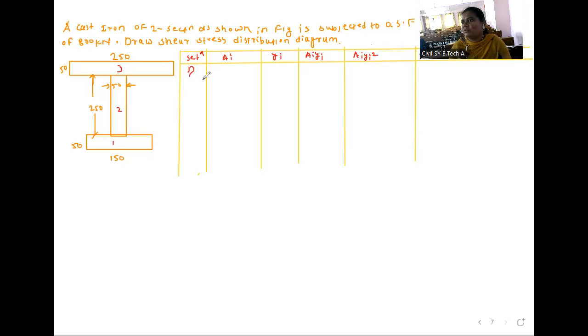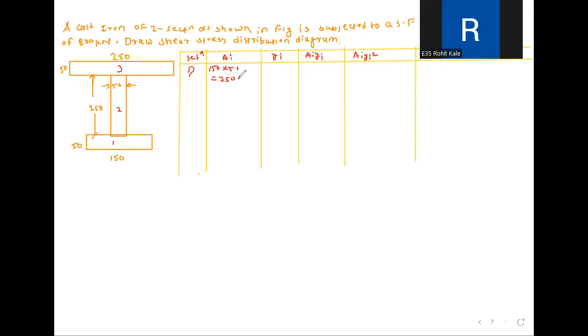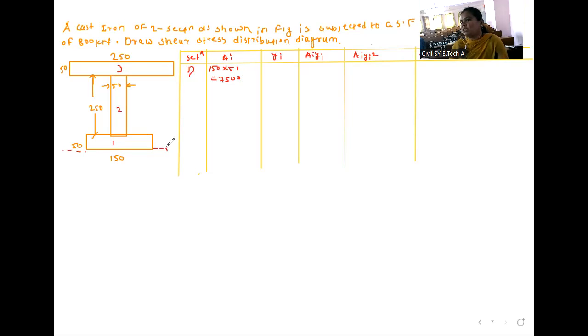So for section 1, area is 150 by 50. So 150 into 50, which is equal to how much? 7500. Okay, 7500. So yi, we will consider this as a 1 axis. So from this 1 axis, y bar is 50 by 2, which is equal to 25.